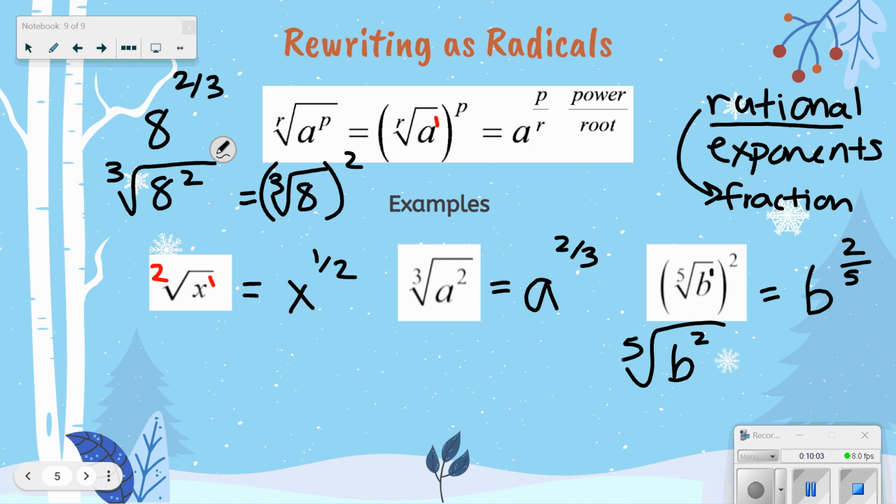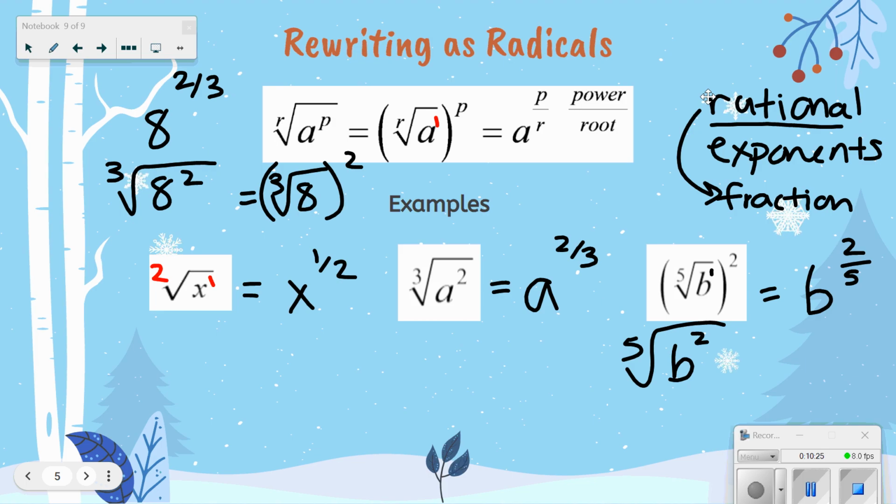Because these two are equivalent. So the cube root of 8 would just end up being 2. And then what's 2 squared? 4. Is that what we got over here too? Yeah. So there are different ways to approach it, but they'll give you that same result in the end.